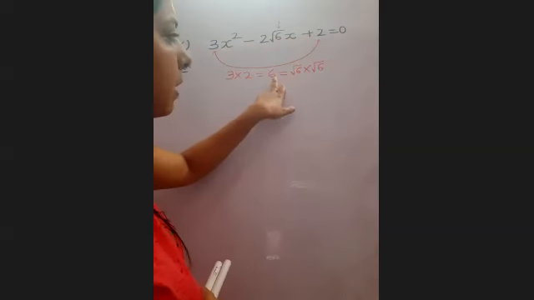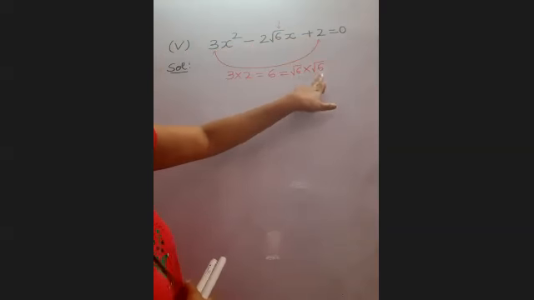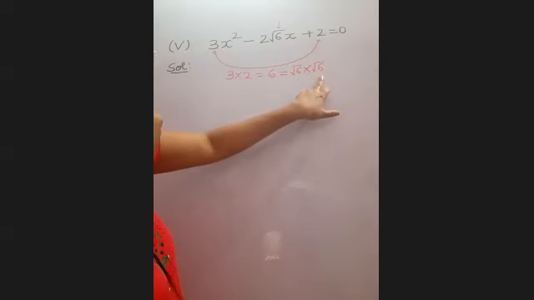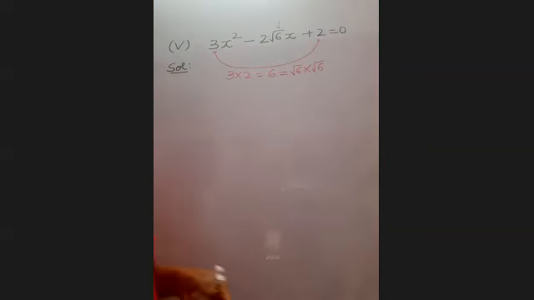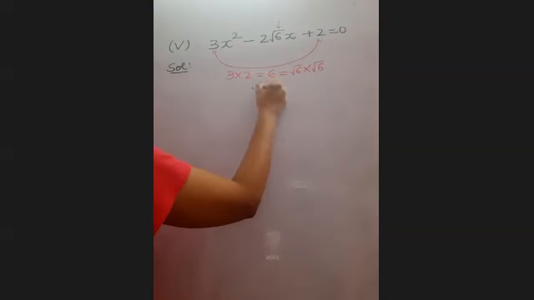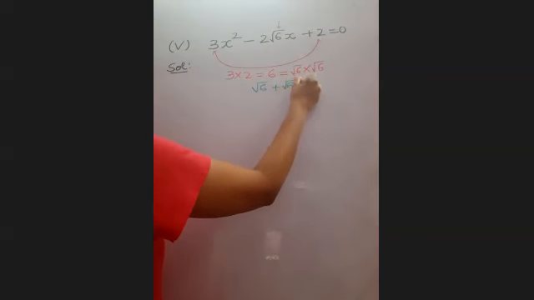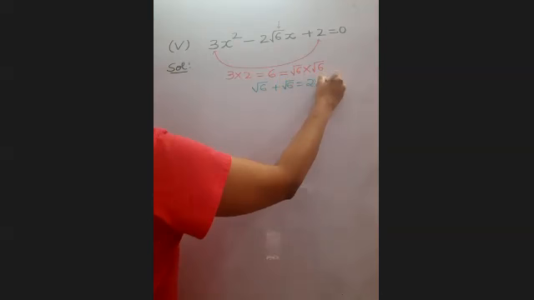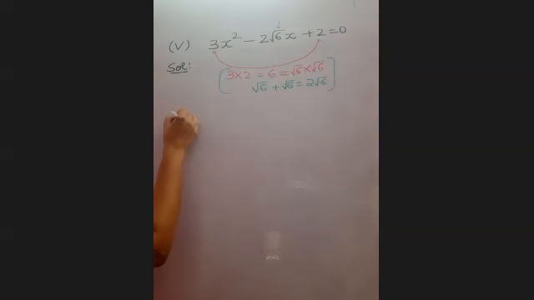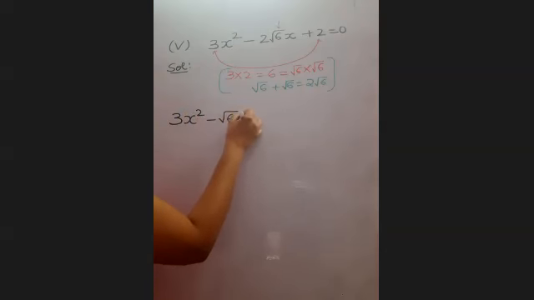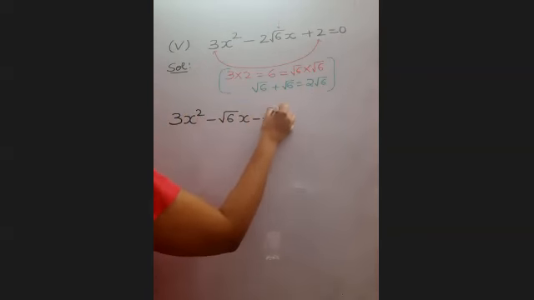So 6 is root 6 into root 6, and root 6 plus root 6 gives you what? 2 root 6. Getting the middle term also by this trick? Yes.